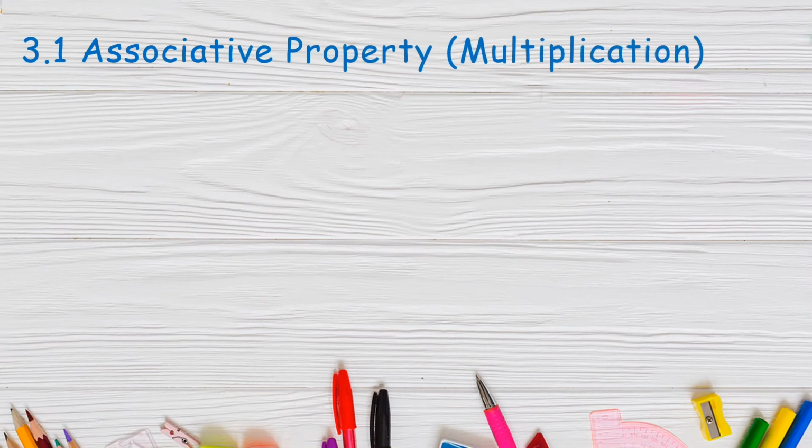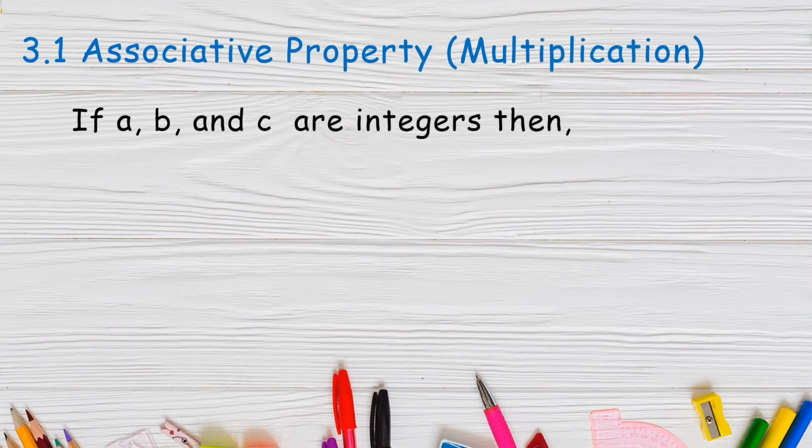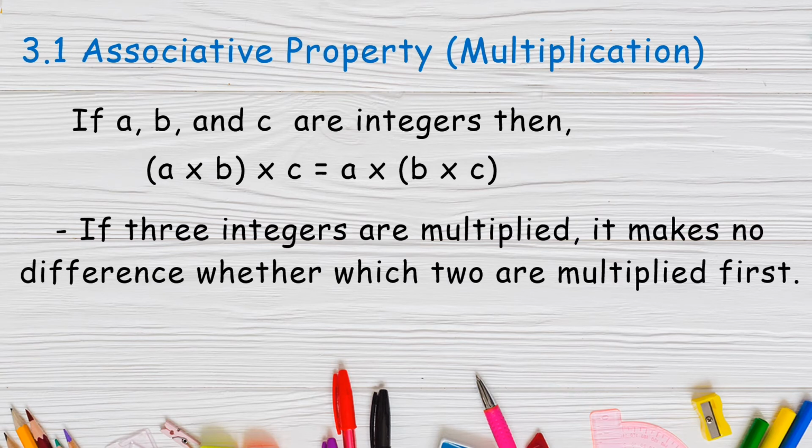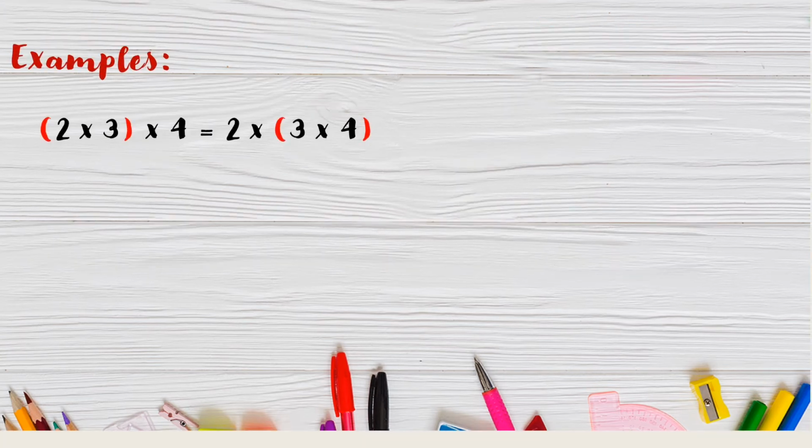Associative property of multiplication. If a, b, and c are integers, then quantity a times b times c is equal to a times quantity b times c. If three integers are multiplied, it makes no difference which two are multiplied first. Examples. Quantity 2 times 3 times 4 is equal to 2 times quantity 3 times 4.